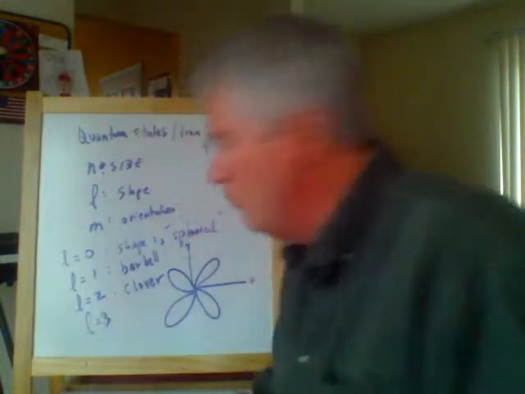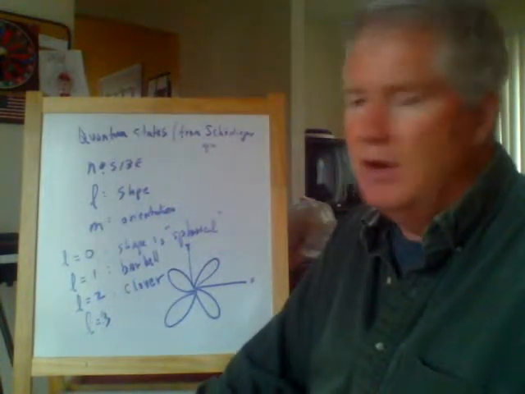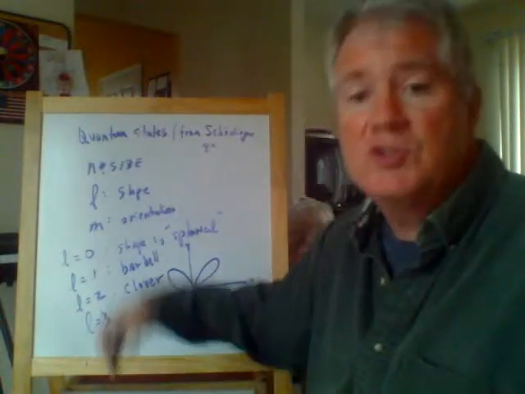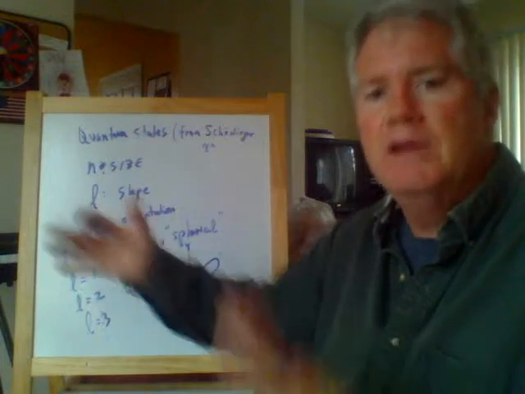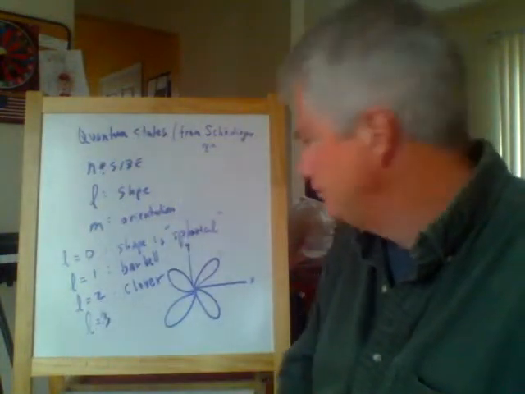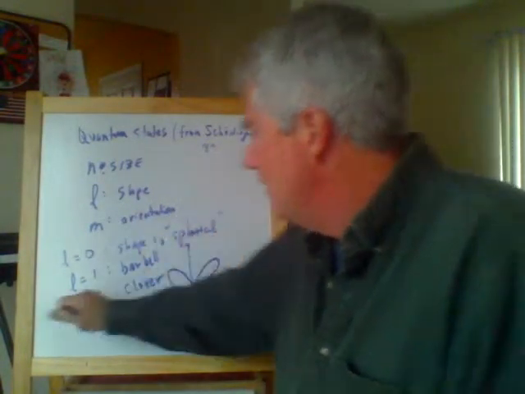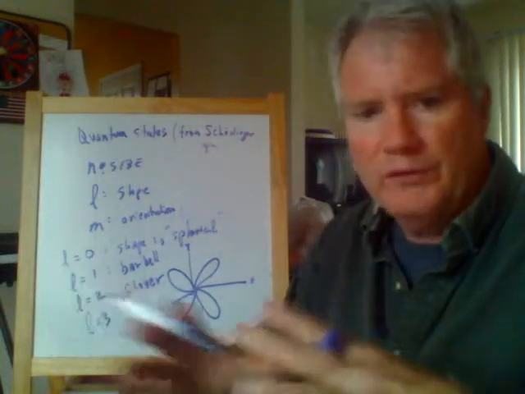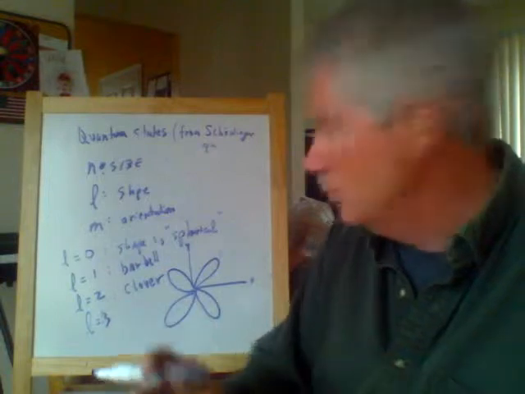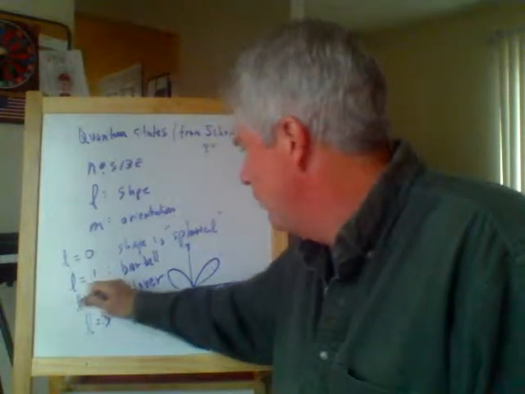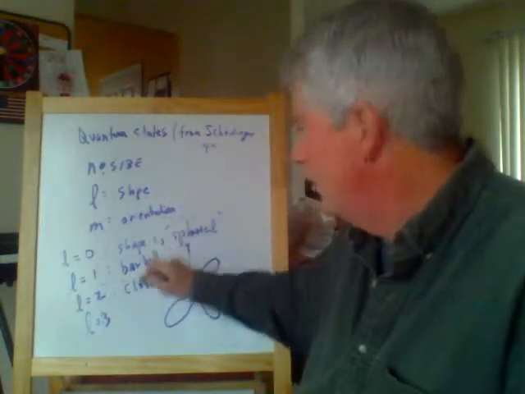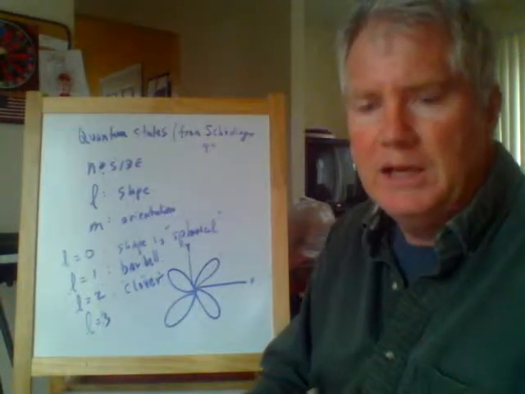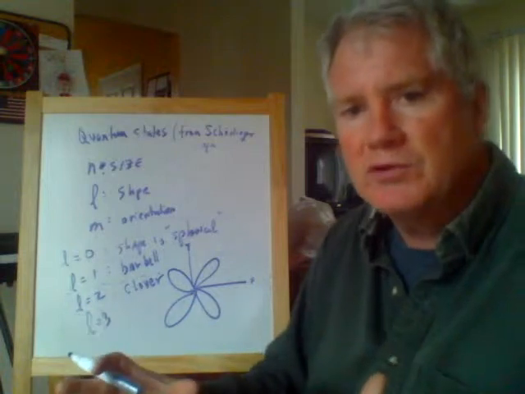L equals 3. I don't even know what you want to call that, but it's kind of a weird clover or something like that. And of course, for L equals 3, there are 7 orientations, not just 5. And it gets more complex from there. The big takeaway here, when it comes down to bonding, which is where all this foundation is leading, is that really only the first 2 shapes, the spherical and the barbell, are the most important shapes when it comes to bonding and most chemistry actually.